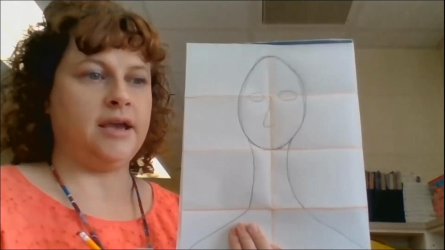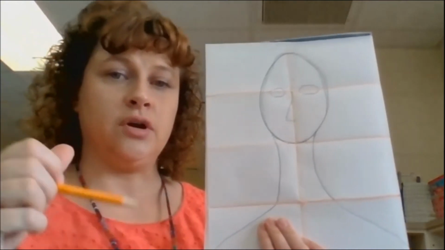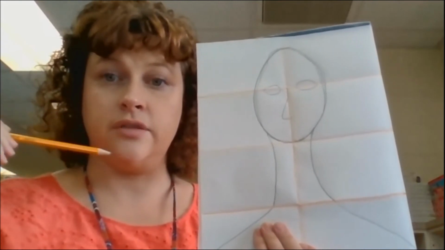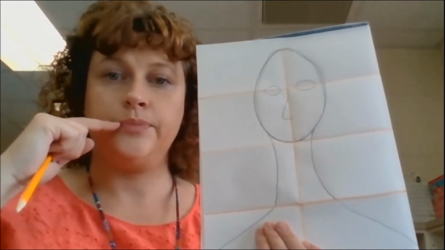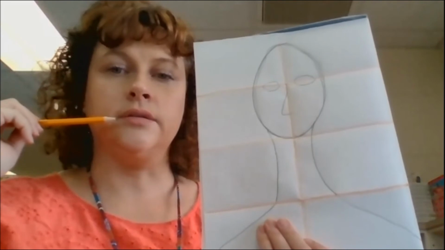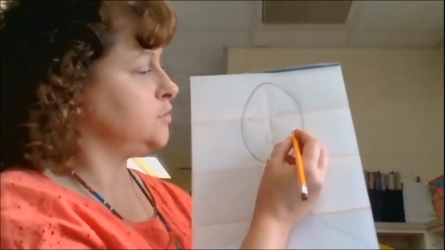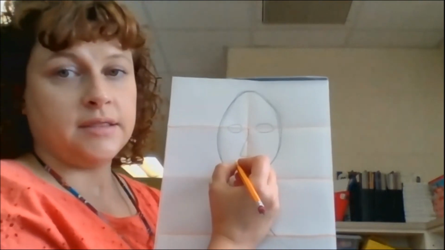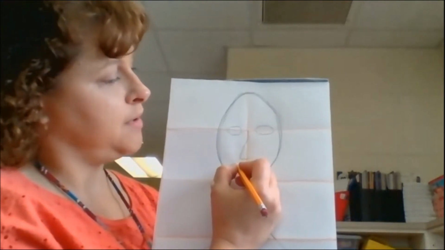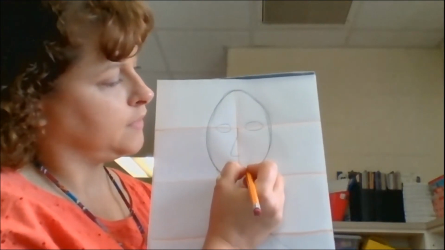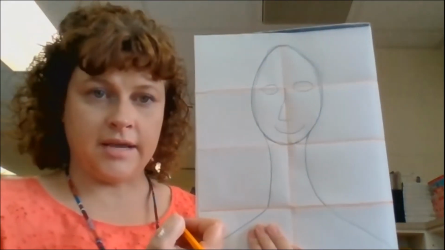Okay, now the way I teach how to draw lips is to draw this center line that separates the two lips from each other, or that opening would be. So there's the illusion of a line there between the lips. I'm going to draw that in the direction that I want the mouth to go. So if I want the person smiling, I'm going to draw that center line like that.